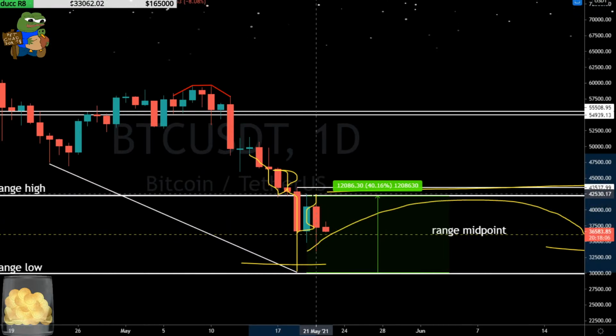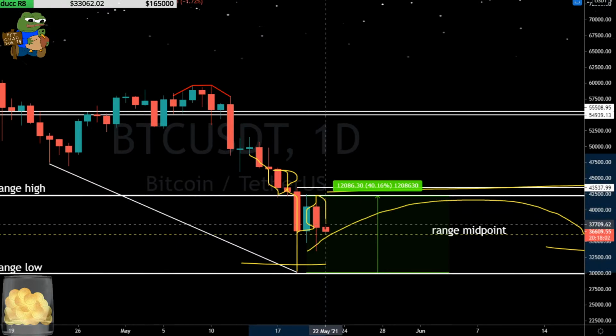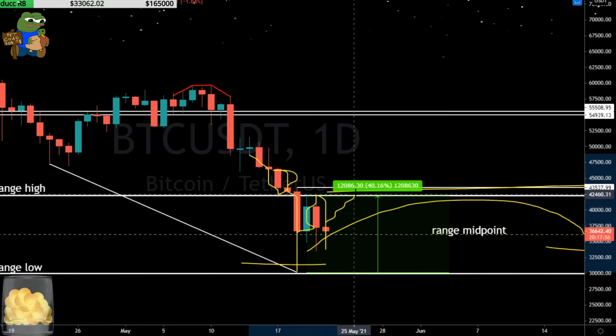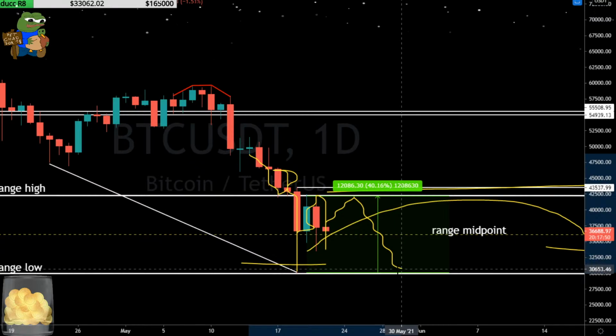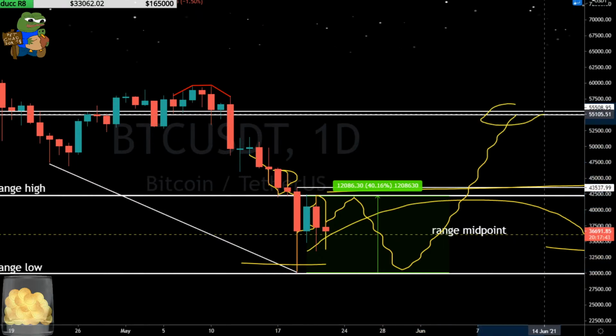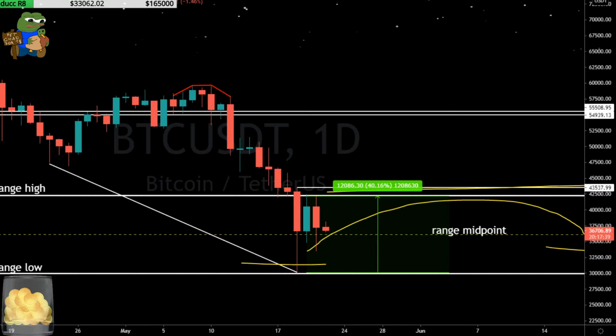You went back up, tested the top of the range, fell below it, and are back at the range midpoint. So it's possible to test the range high again, reject 42 somewhere here, sell off, test the range low, put in a slightly higher low, and then that's where you get the new range high, okay? That is the way to Valhalla.